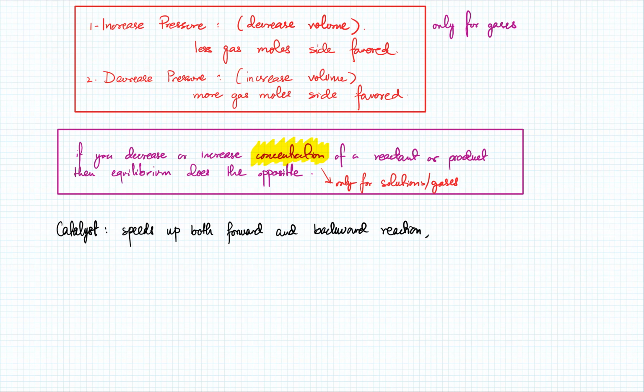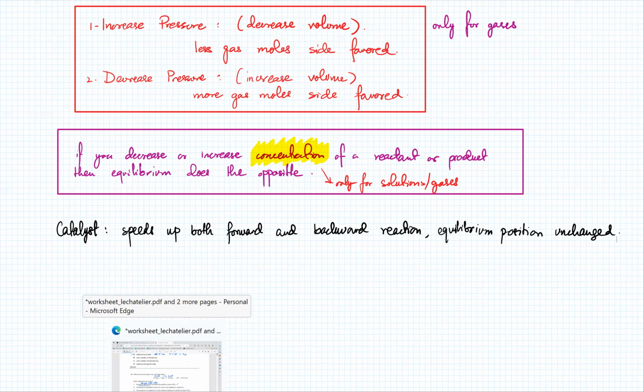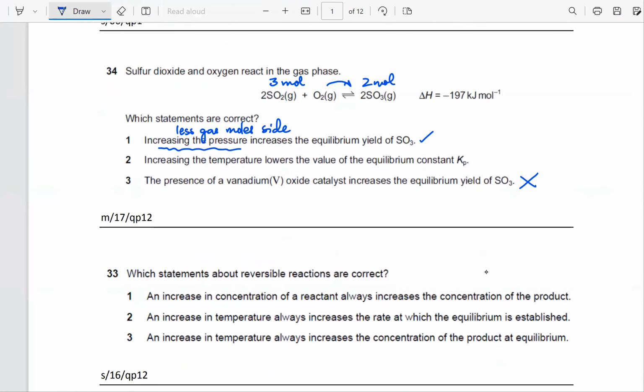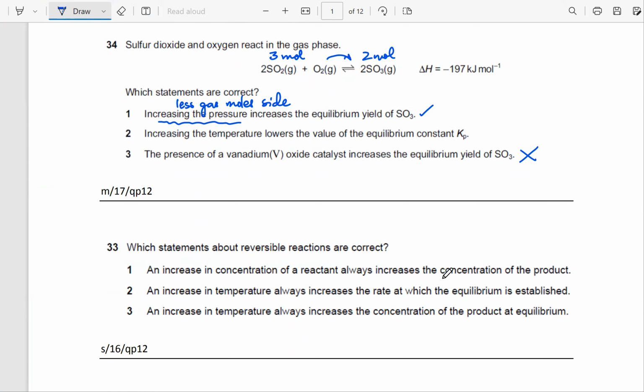But if both are equally speeded up, the equilibrium position is not going to be changed. So your equilibrium position is unchanged because overall nothing will happen. Does the presence of a catalyst increase the yield? No, it doesn't. It just makes the reaction faster. But it also makes the backward reaction faster. So overall, no effect on the amount of SO3 produced.